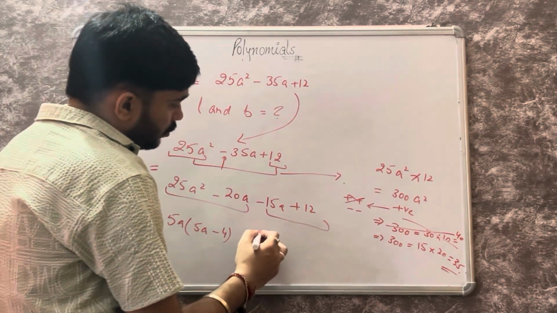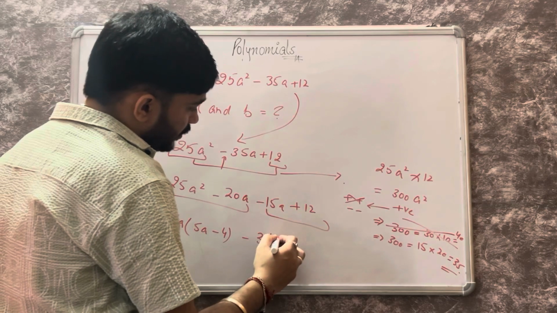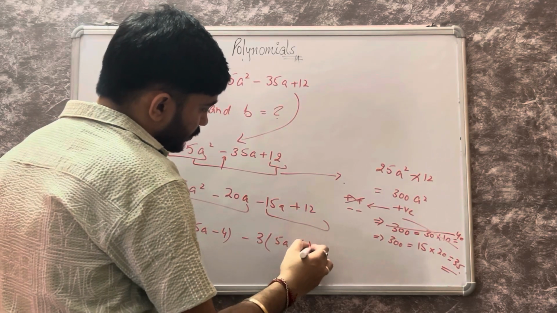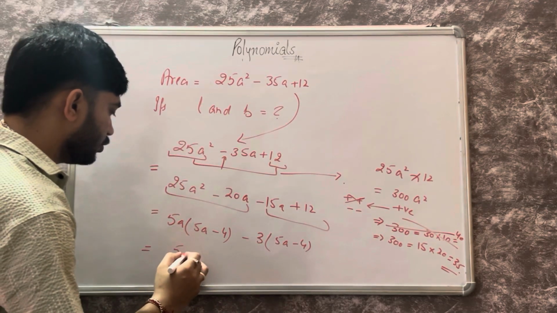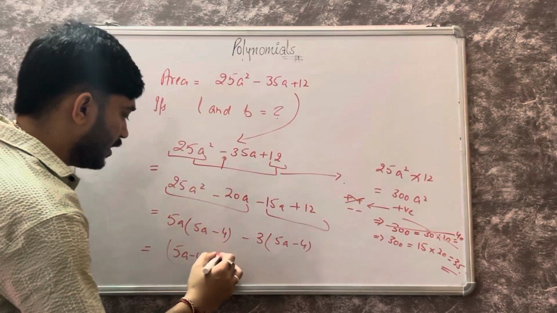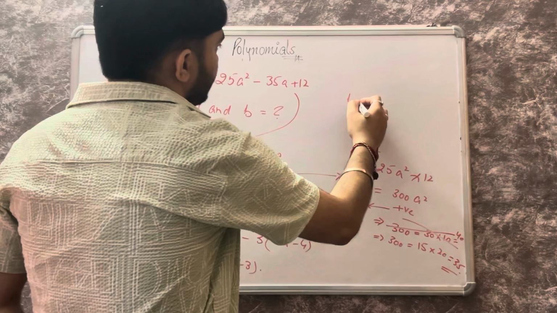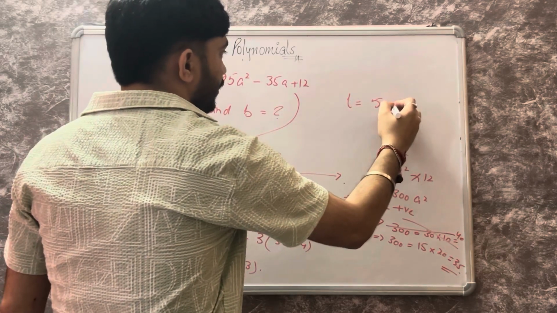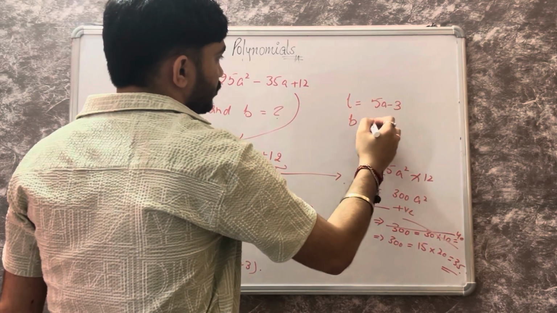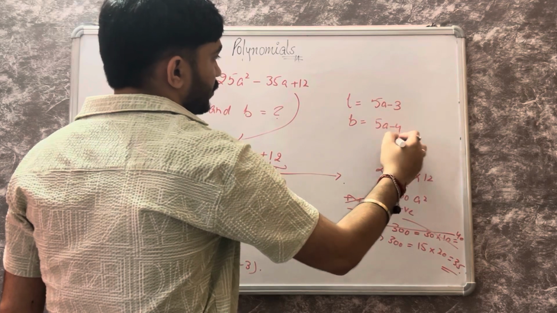Here you can take the common 3, being left with 5a minus 4. So your answer is going to be 5a minus 4 and 5a minus 3. Therefore, length will be equal to 5a minus 3 and breadth is going to be equal to 5a minus 4.